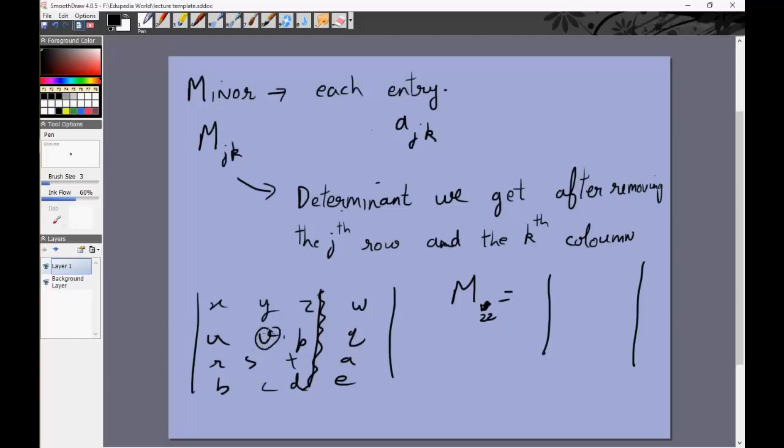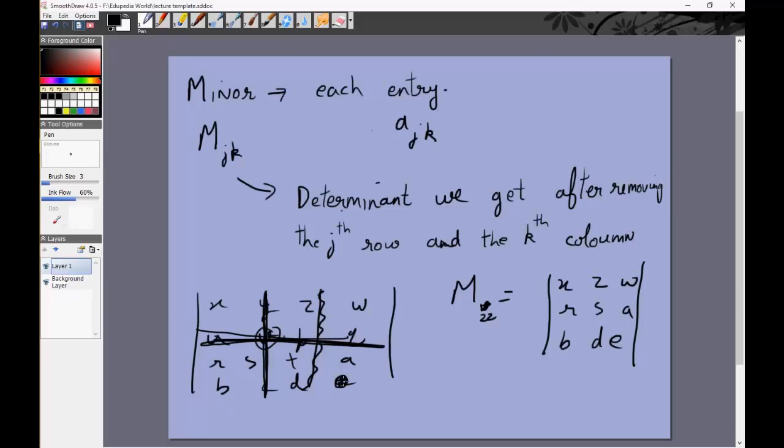So if we want the minor of the second row and second column, we just remove this column and we just remove this row. And what is left? X, Z, W, R, S, A, B, D, E. Right. So minor is defined for each entry, and it is the determinant we get after removing the jth row and the kth column, or the row and column to which that entry belongs.